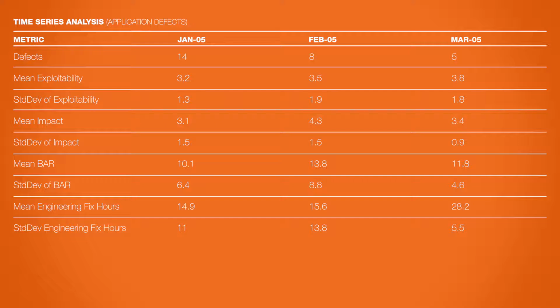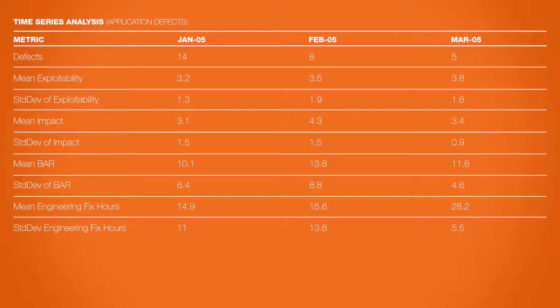The amount of engineering time required to fix defects increased over time, from 14.9 to 28.2, as did the standard deviation of the estimates. This in turn suggests that easy-to-fix problems were likely fixed early. Estimates for the remaining harder problems have become more consistent over time.